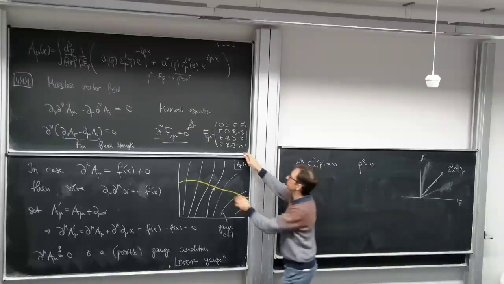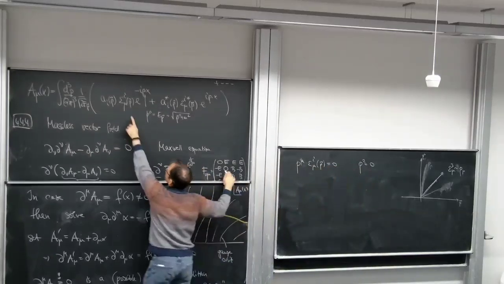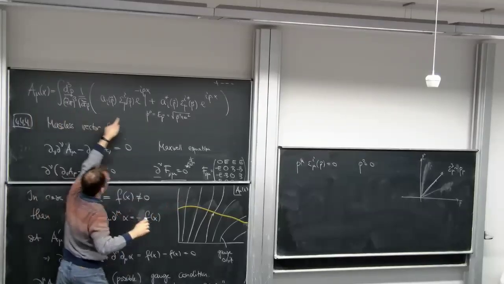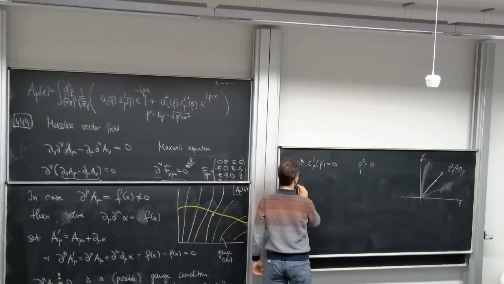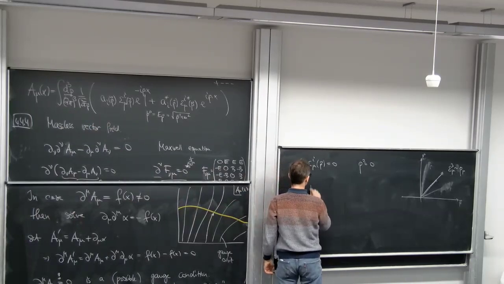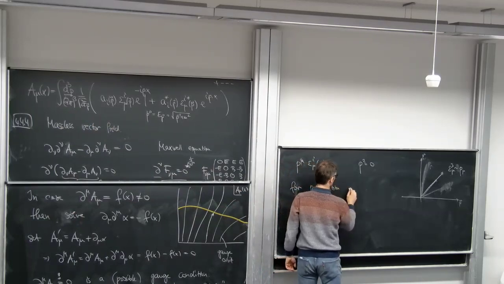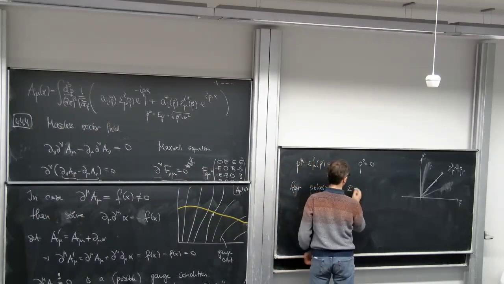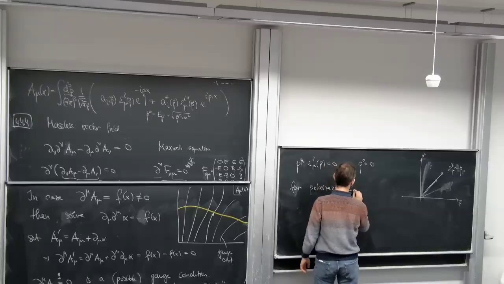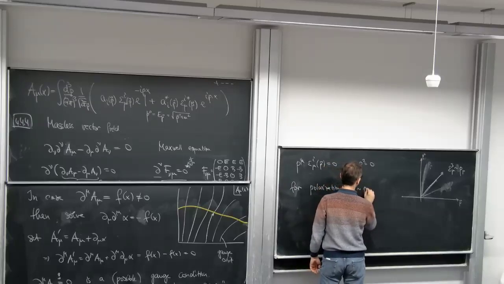This means here the A is proportional, for polarization epsilon, proportional to P mu.